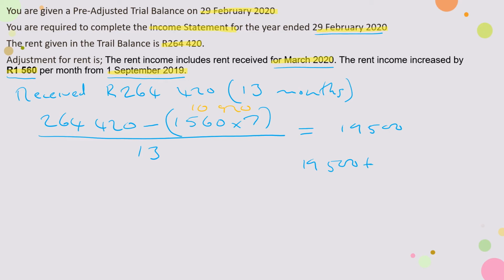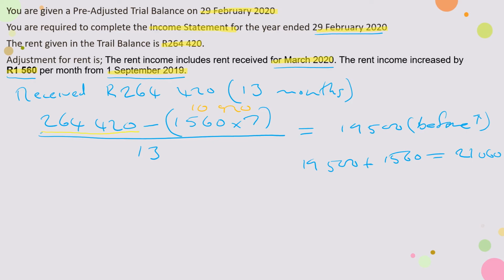Remember, here we calculated rent before the increase. So after the increase, the rent will be plus 1,560. That will be 21,060.